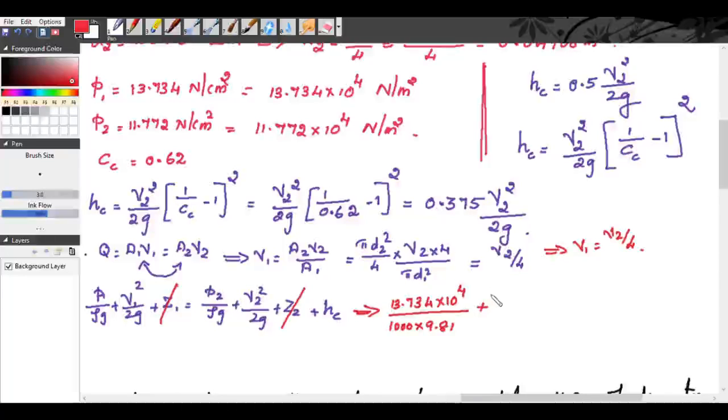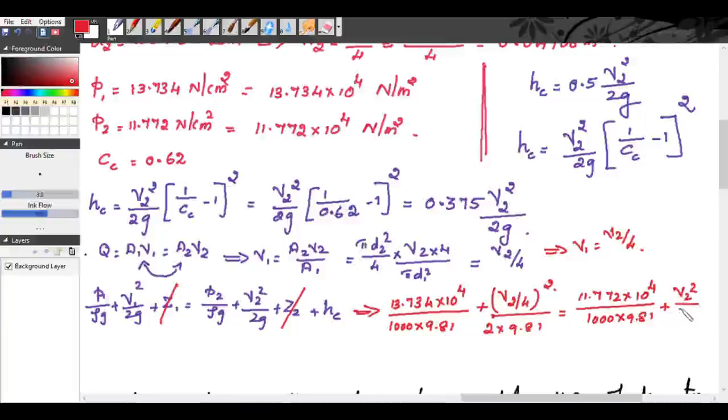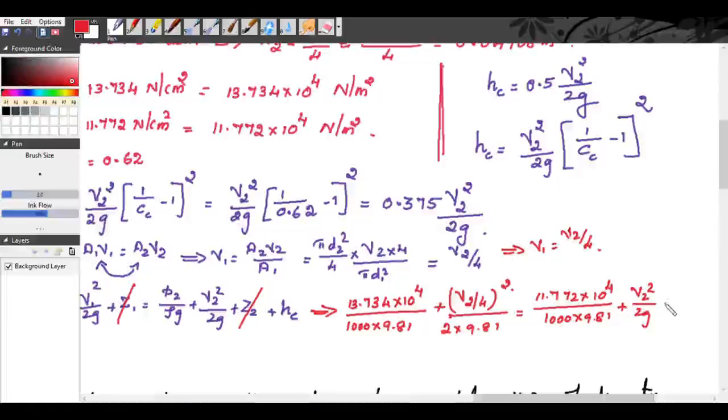V1 is V2 divided by 4. So, V2 divided by 4 the whole square divided by 2 into 9.81 is equal to P2, which is given as 11.772 into 10 to the power of 4 divided by 1000 into 9.81, plus V2 square divided by 2G plus HC.